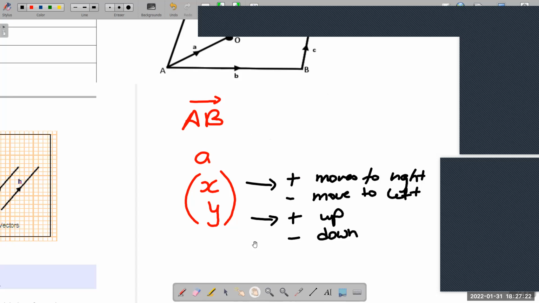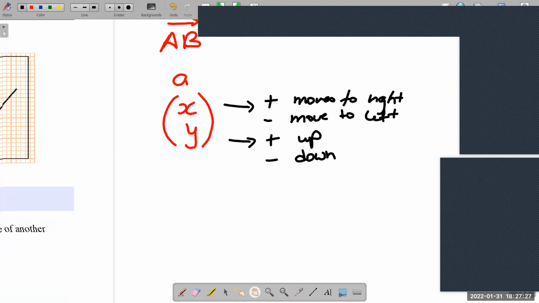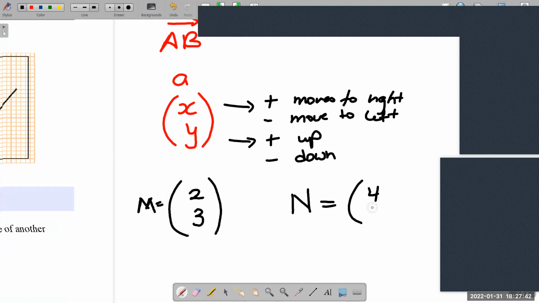Taking this into consideration, let's say I have a vector (2, 3), and let's call this vector M. Let's say I have another vector N, and the vector is (4, 6).